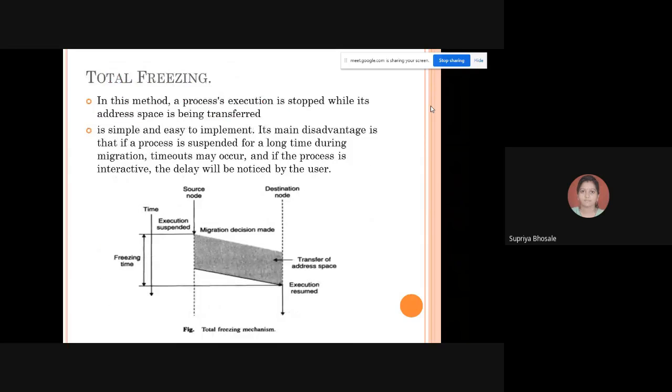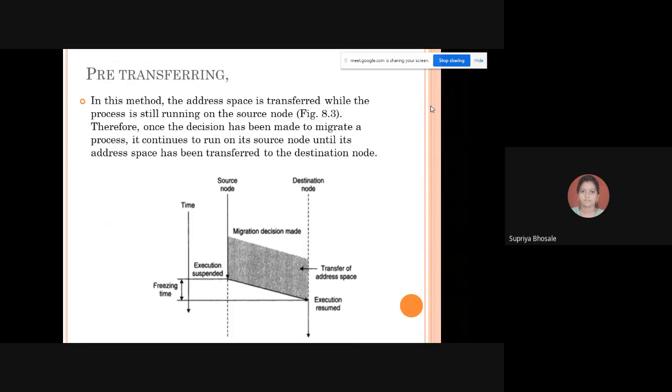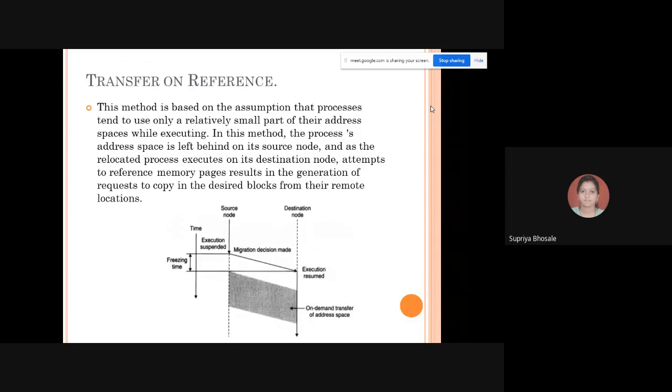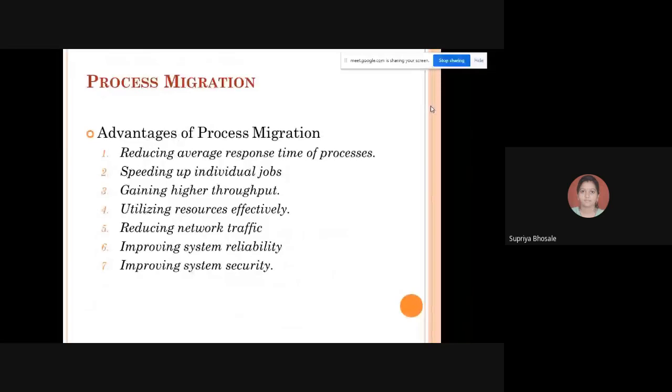So what is exactly the total freezing process, then pre-transferring, transfer on reference. These things we have seen in the last lecture. And finally, the advantages of process migration that we have seen. You may get any question like what are the different advantages of process migration. So in that you have to explain all these points, 7 points.